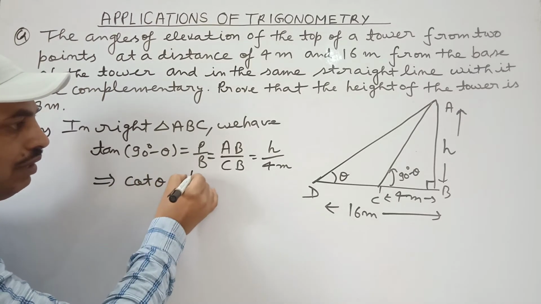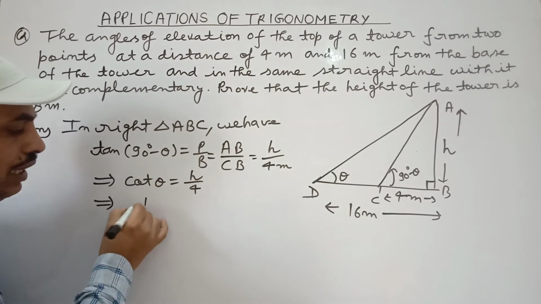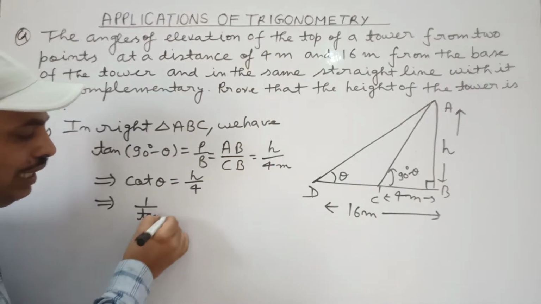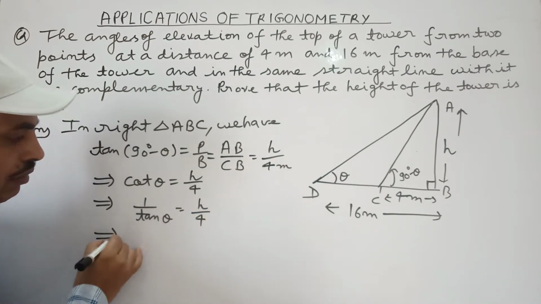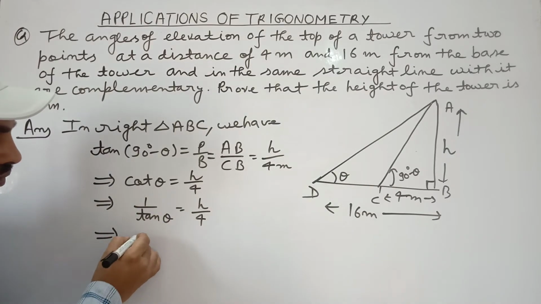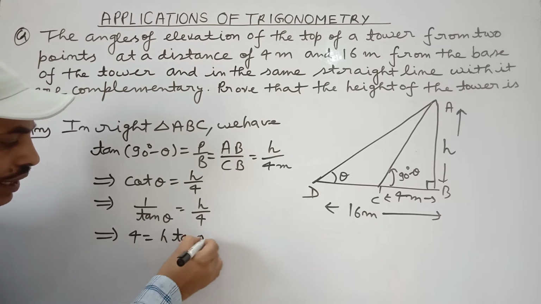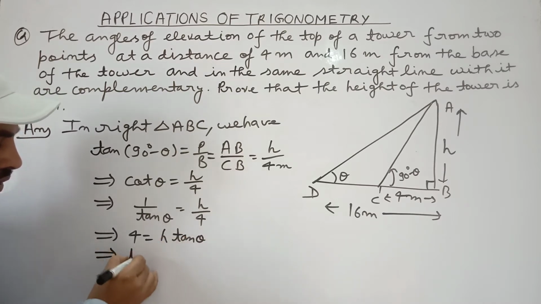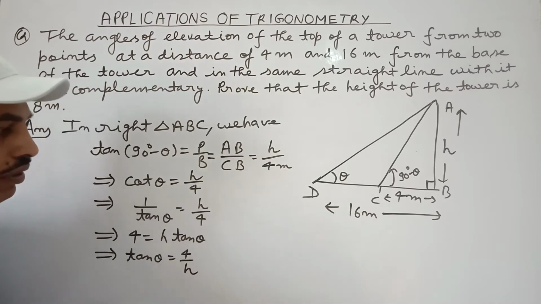So cot theta equal to h upon 4. Cot theta equal to 1 upon tan theta equal to h upon 4. By cross multiplying, 4 equal to h tan theta, or tan theta equal to 4 upon h.